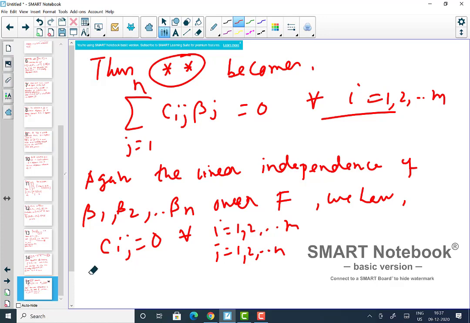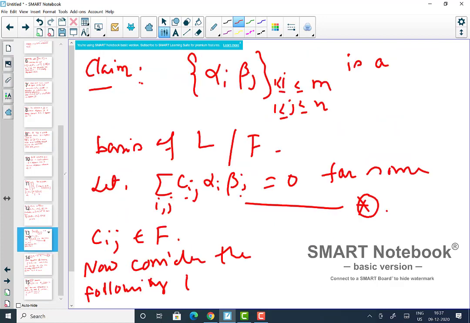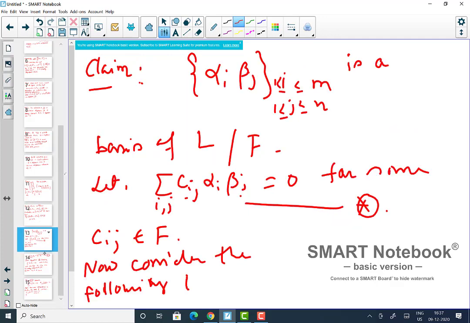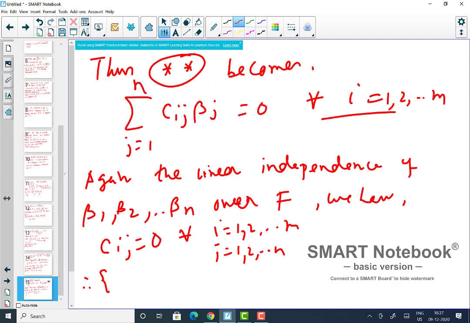Thus this set, what was the name of the set I gave? I did not give any name. Maybe let me write down S, the set S of alpha i beta j, the same ij, is linearly independent over f.